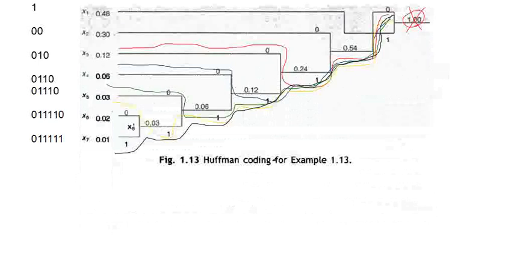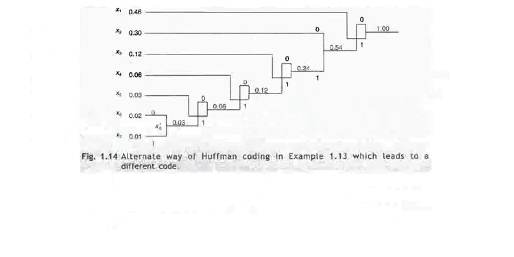So if I assign 1 to x5 and 0 to this combined probability, the resultant Huffman structure will be like this. It is a little difficult to read, but now 0.03 is assigned 0 and x5 is assigned 1. Similarly, the combined probability is now 0.06 and x4 is also 0.06.